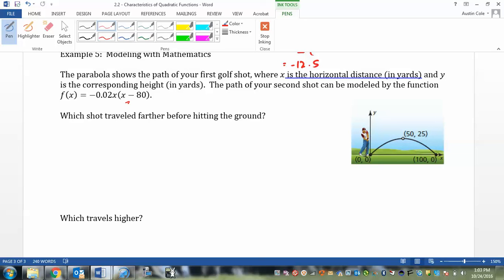Sorry, come again? Which shot traveled farther? I don't know. Let's stop here. Is this function in standard form? No. Is it in vertex form? No. Or intercept?